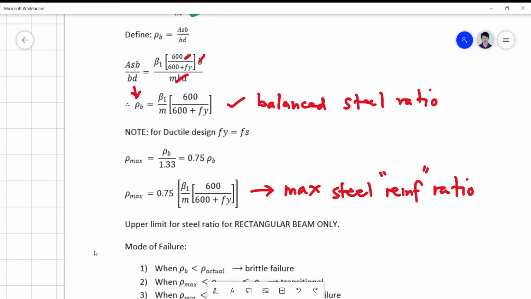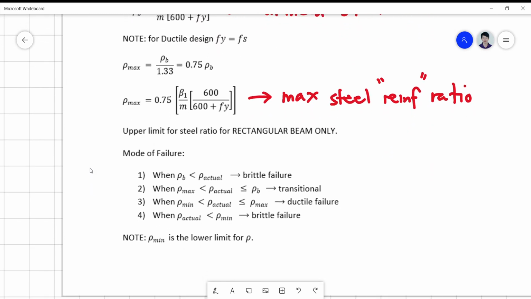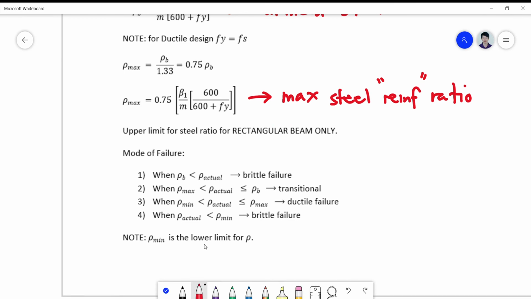So for the mode of failure, please take note of the ductility consideration. We always see to it that when your rho actual is greater than rho b, or rho b is less than rho actual, you get a brittle failure. We don't want this. What we want is a ductile failure. So what is the transitional ductility?